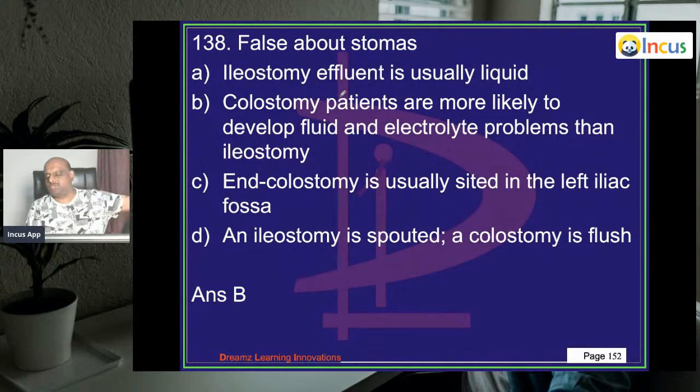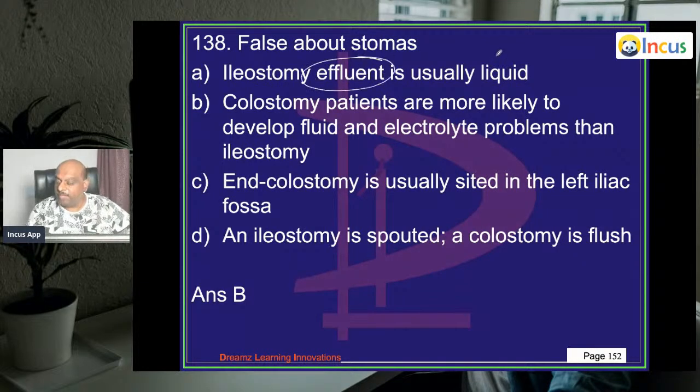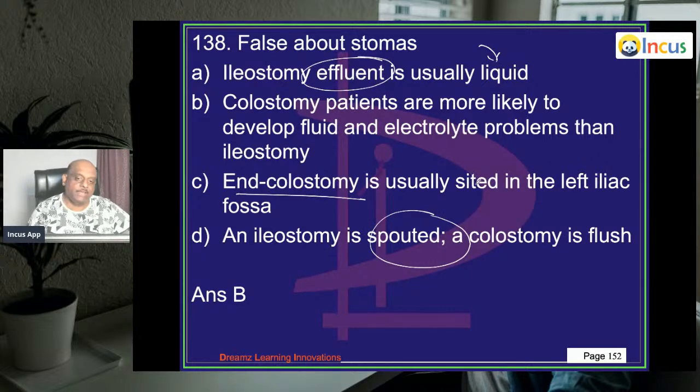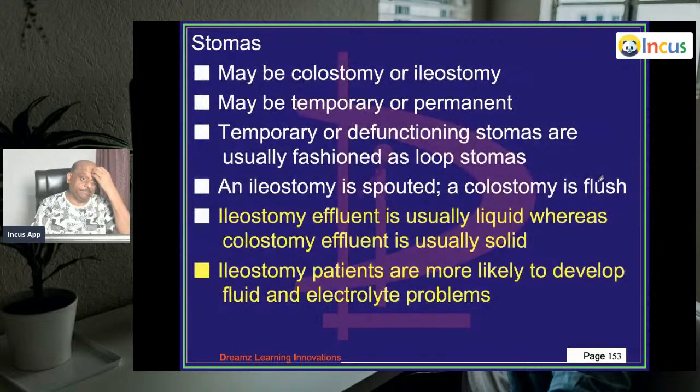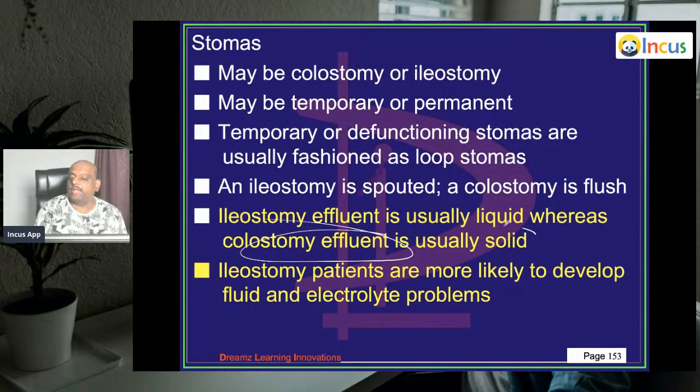Then stomas, doctor, ileostomy, colostomy, they are all the favorite topics of the examiner. The ileostomy effluent is usually liquid. Colostomy effluent, if you take it, is usually solid.